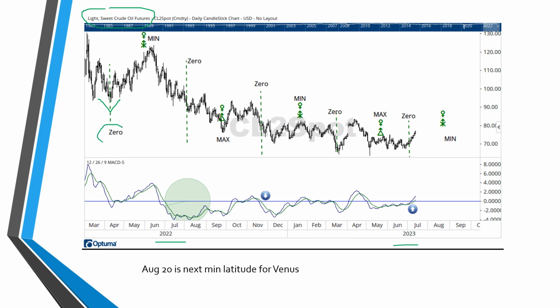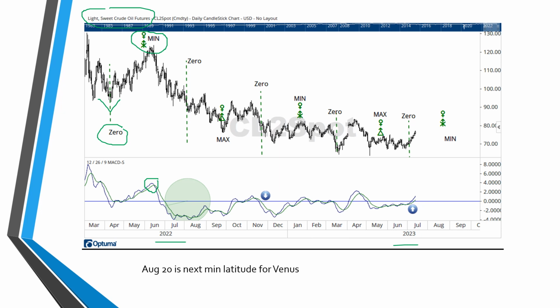What was happening? Venus was at one of its 0 latitude events. In June of 2022, MACD says trend is changing. Whoa, okay, what's happening? Venus is at one of its minimum latitude events, and that turned out to be a big one. Crude fell from $120 a barrel down to below 80.